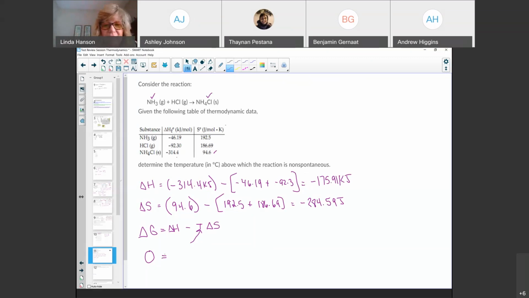We have negative 175.91 minus, looking for the temperature, delta S, negative 284.59. I'm going to set that over 1,000 just to remind myself why I'm doing that, to change the unit into kJ.